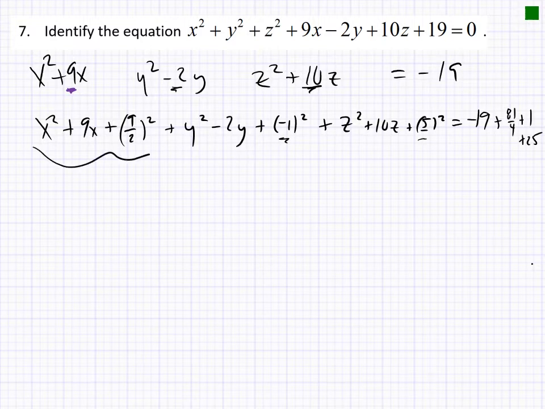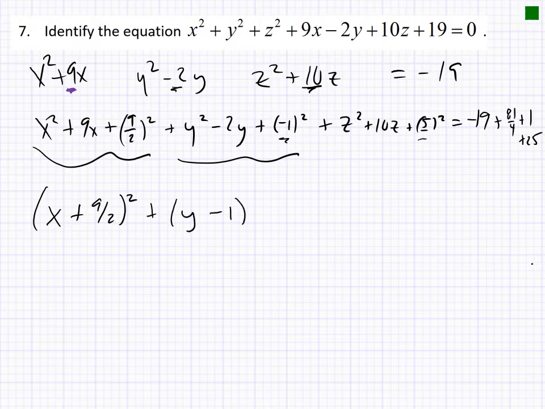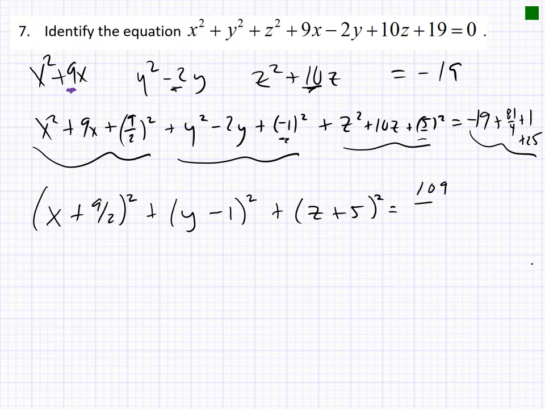So on this side, this is written as now a square, x plus 9 halves squared. This is written as a square, y minus 1 squared. This is written as a square, z plus 5 squared. This all adds up together to give me 109 over 4. And so we could say, characterize the graph, identify the equation, whatever the instructions are.